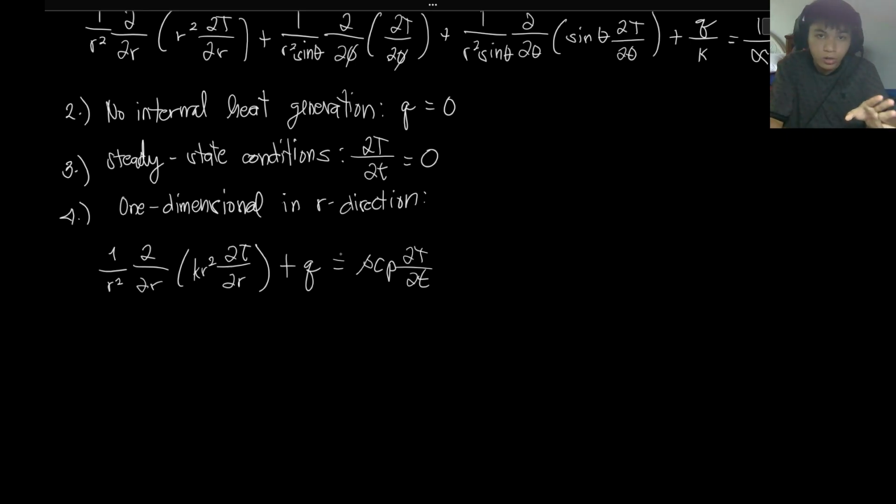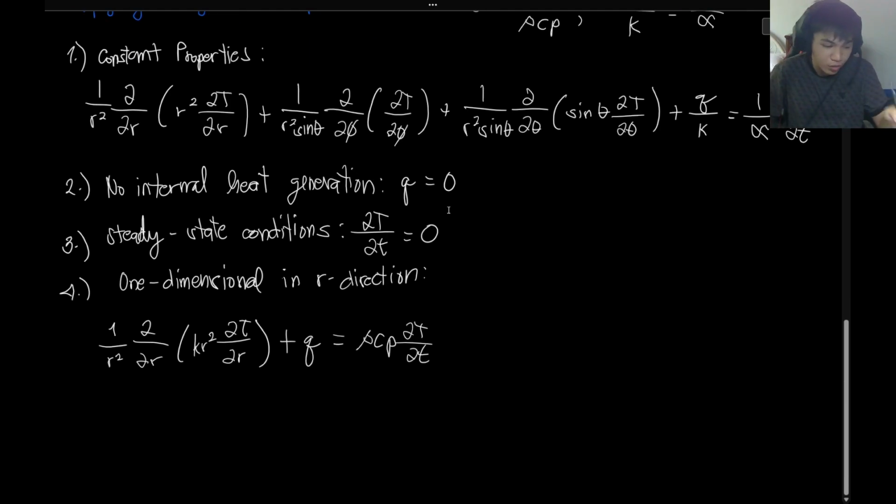So ayan. So you could also assume that it would be one-dimensional in the phi direction, the theta direction, or it could be two-dimensional. So if it's in a surface, it could be two-dimensional in r, in phi, in theta. So ayun, it's up to you to modify this equation on how you will base your assumptions.